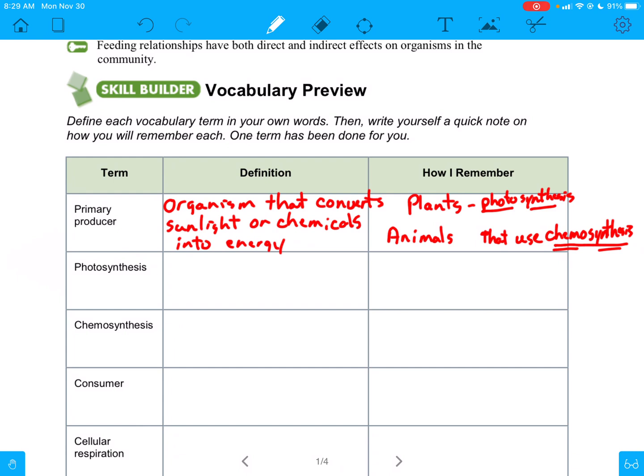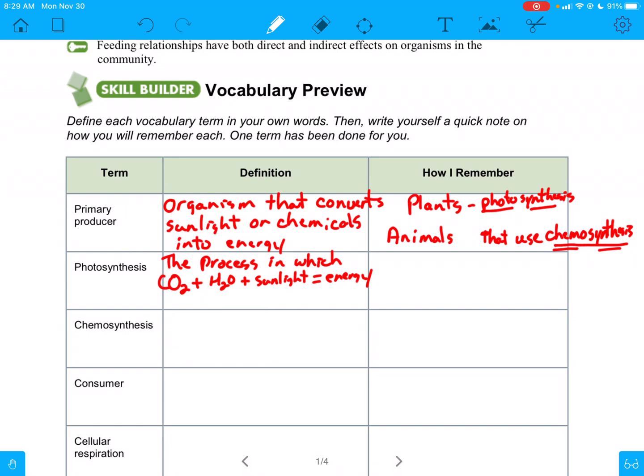Pretty easy to know. Now, photosynthesis is the process in which CO2 plus water, which is H2O, plus sunlight equals energy.